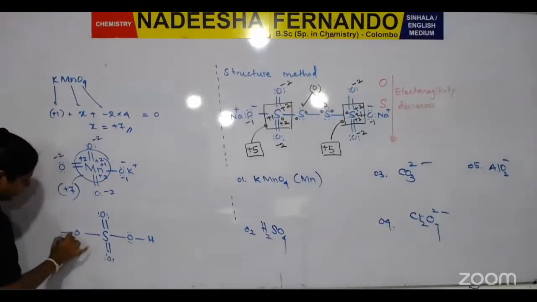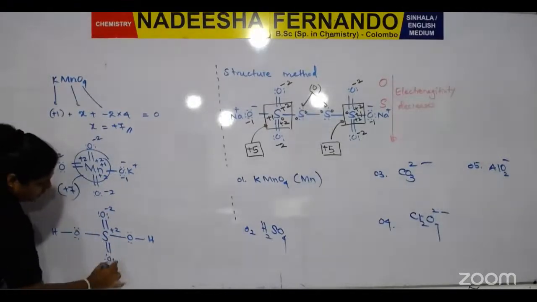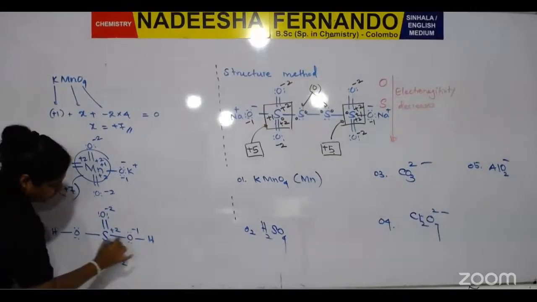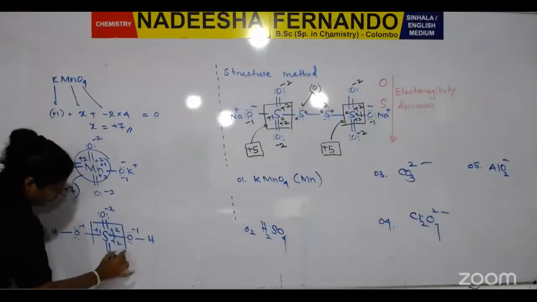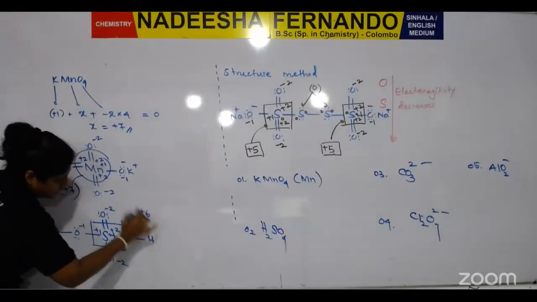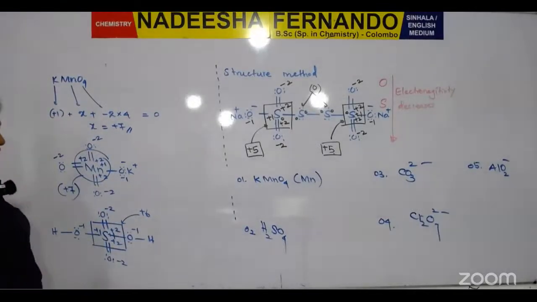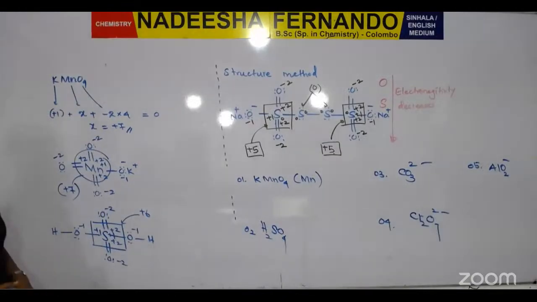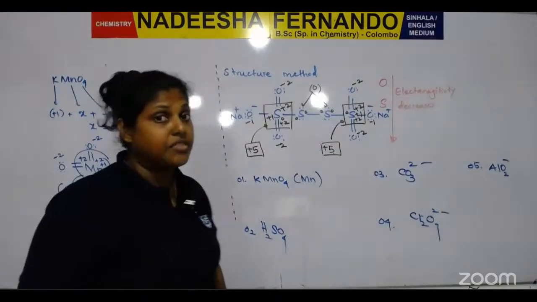Yes, minus 2 plus 2, minus 2 plus 2, minus 1 plus 1, minus 1 plus 1. Overall charge here is plus 6. You may have two different oxidation numbers when you have more than one central atom.